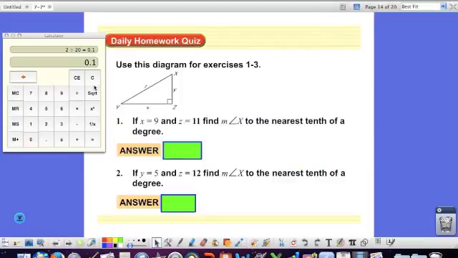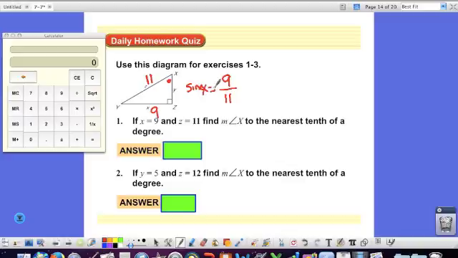The daily homework quiz. So let's go over, see if we know how to do all these problems. So if x is 9 and z equals 11, find the measure of angle x. I can do opposite over hypotenuse, and that is sine. Sine of x.